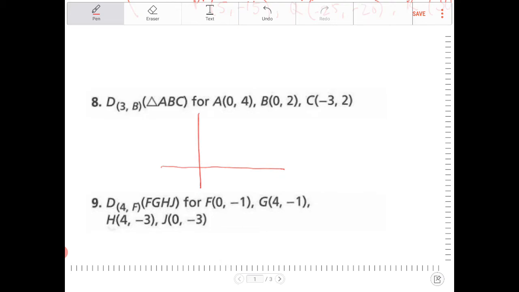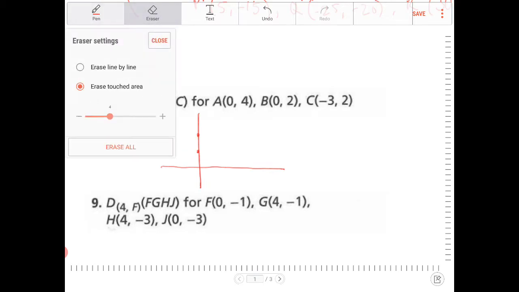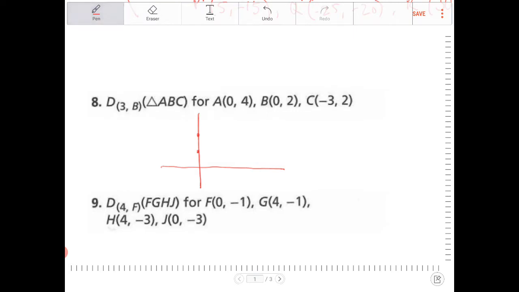A is 0, 4, so it's going to be right there. B is 0, 2, so it's going to be there. And C is negative 3, comma 2, so of course it's going to be on the other side. So C is negative 3, 2, which is going to be right there, okay?